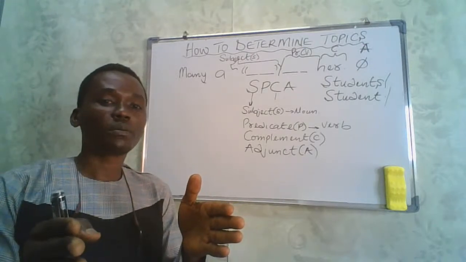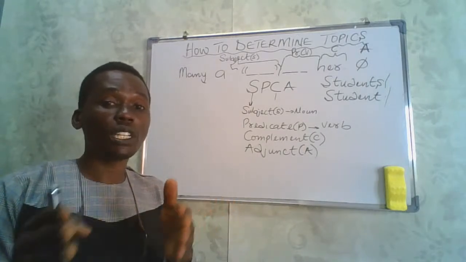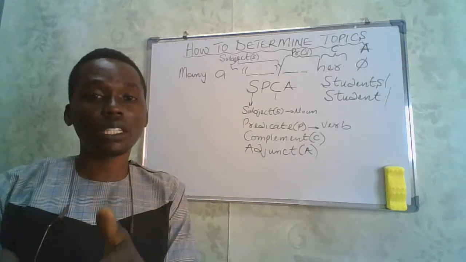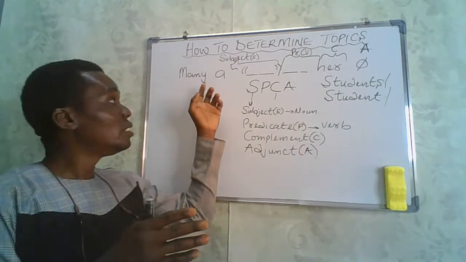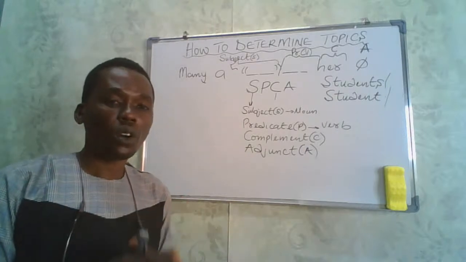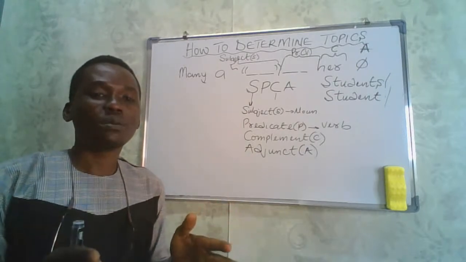Concord. Now, Concord is the only topic that will tell us the relationship that a subject has with a predicate or a verb. So this topic is a topic on what? Concord. So you see, that is the first step.